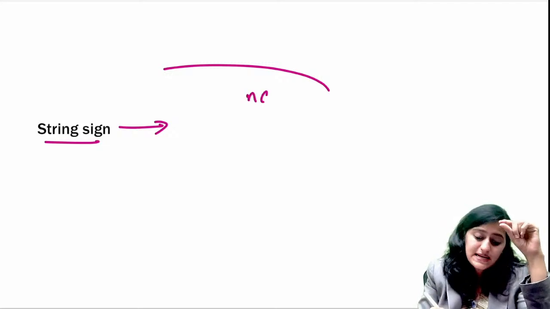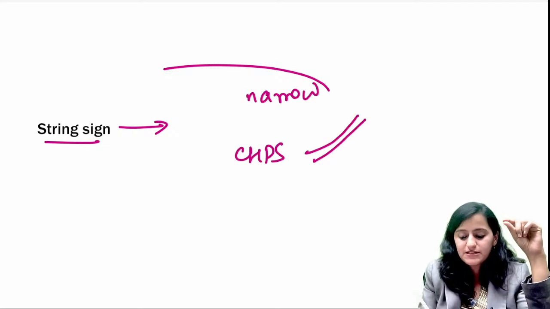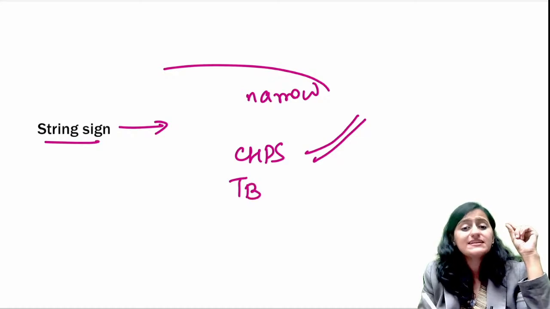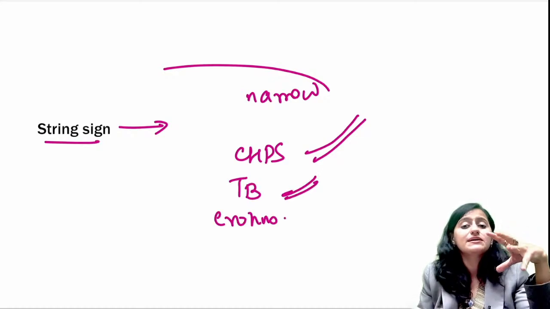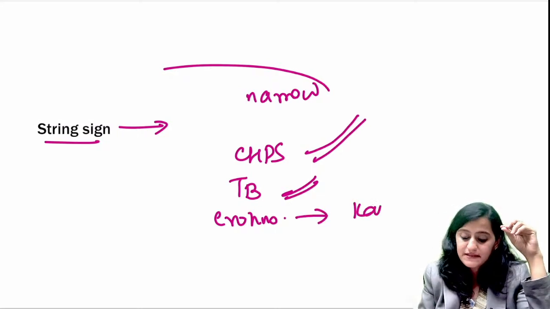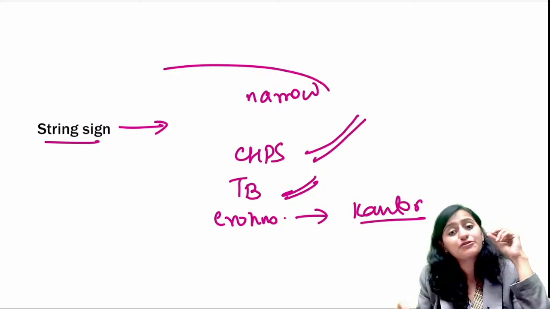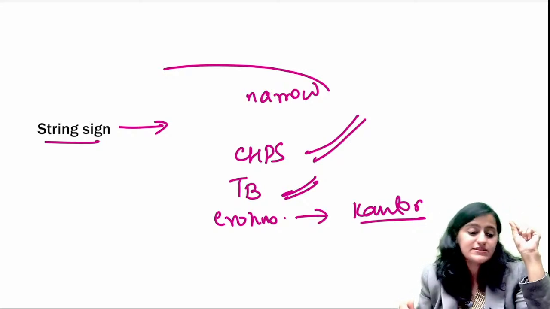So that basically represents narrowing, which can be seen in CHPS where the pylorus is narrowed, in TB where the ileum is narrowed, or even in Crohn's where the terminal ileum is narrowed, right? So remember, in Crohn's it is specifically called the string sign of Kantor. Both TB and Crohn's give string sign.